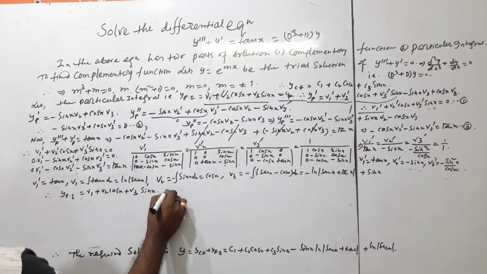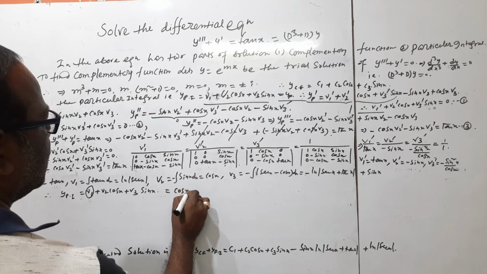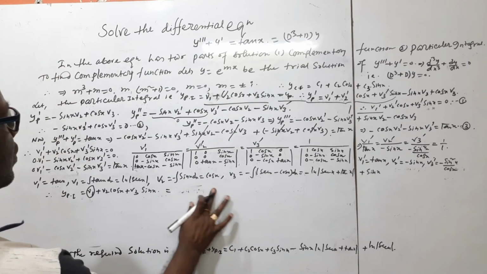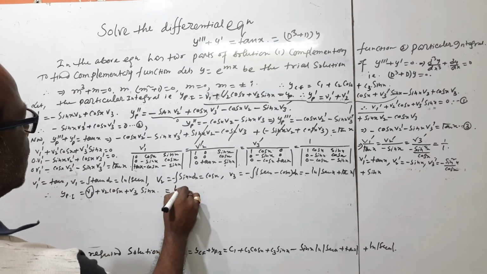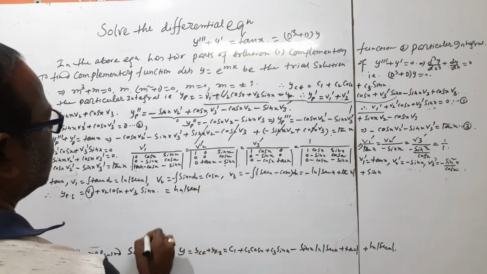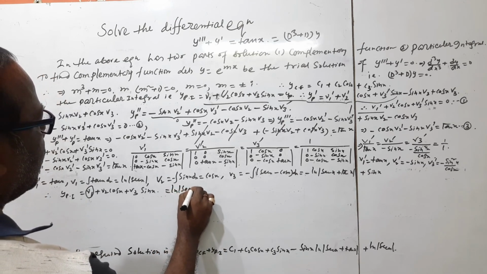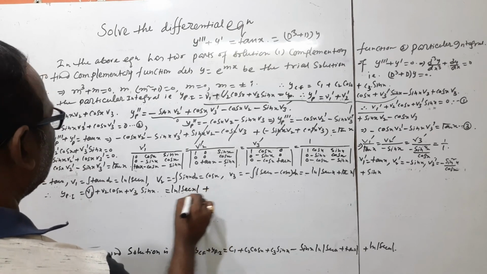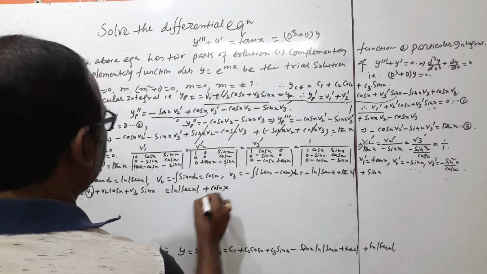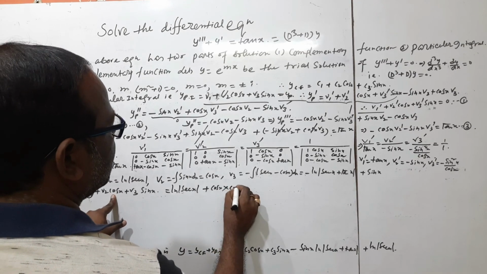Okay, so now put here v1, the v1 is here ln sec x. v2 means here cos x, into cos x.